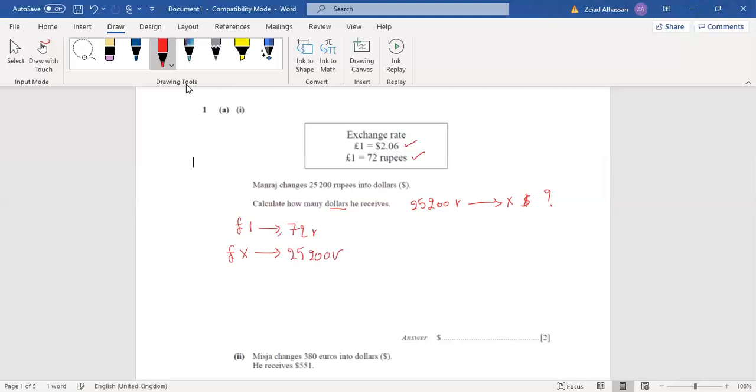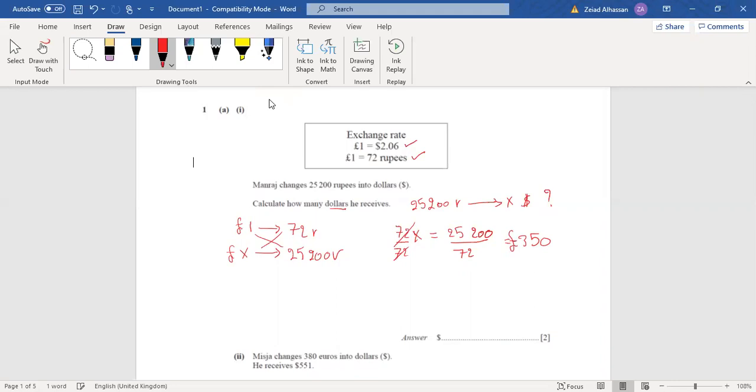We'll do cross multiply. So 72x equals 25,200 divided by 72. So using calculator, x equals 350. Okay. So 350 what? That's 350 pounds.